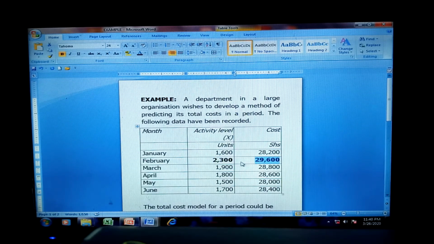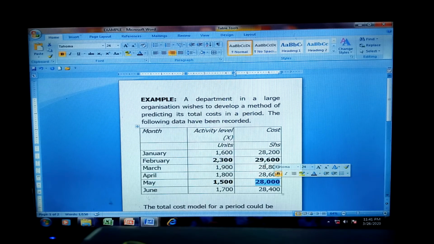The lowest activity level, that is in May, and we have 1,500 units. That's for the activity level, lowest. And then we also have 80,000 shillings. That is our cost.